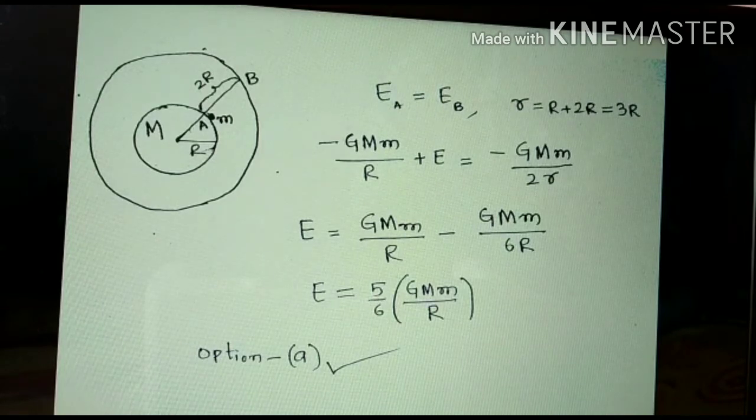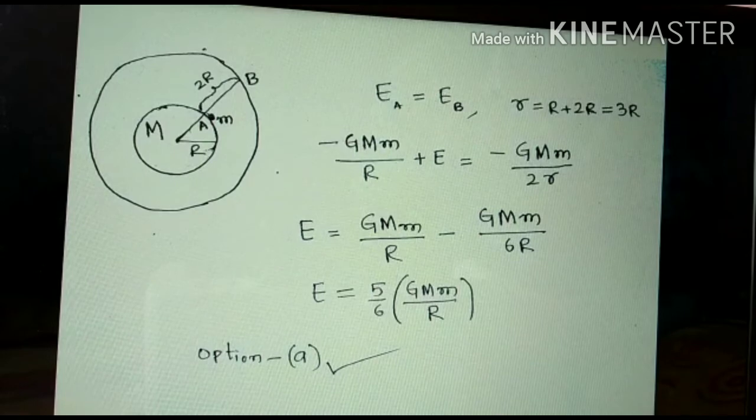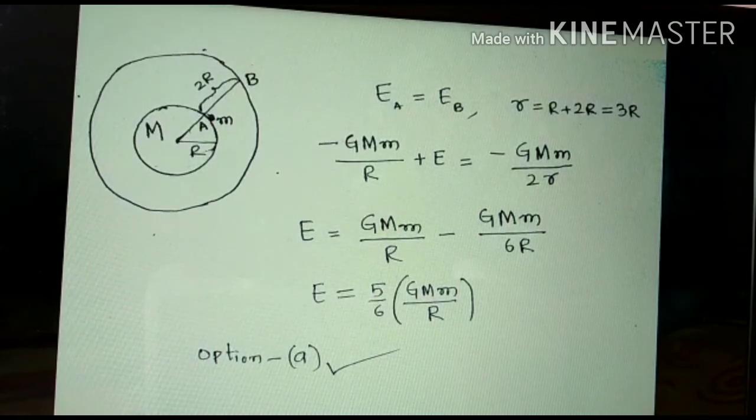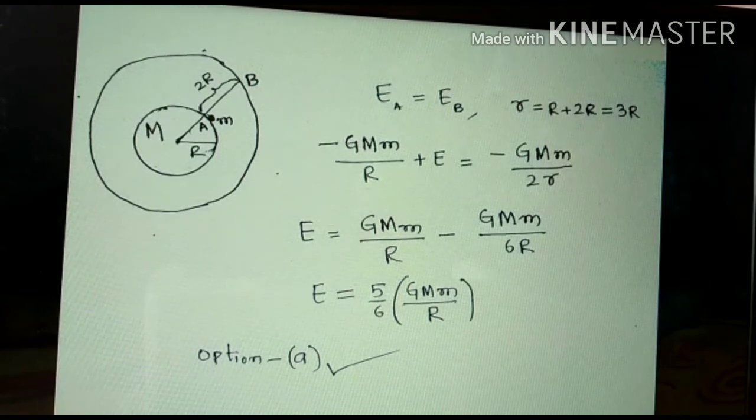Universal gravitational law: F equals G m1 m2 by R squared. For this kind of situation, it is a bounded system. This satellite is bound to rotate around the planet. For such bounded systems where force is proportional to 1 by R squared, there is a relation between kinetic energy, potential energy and total energy. Total energy equals kinetic energy plus potential energy.